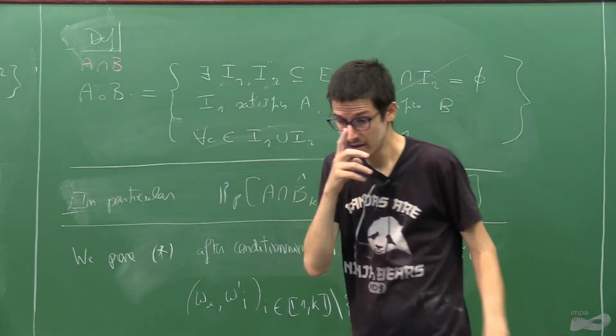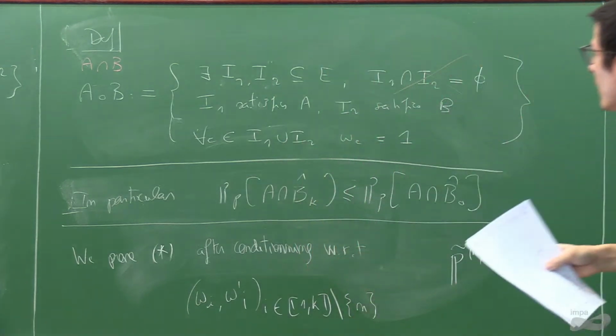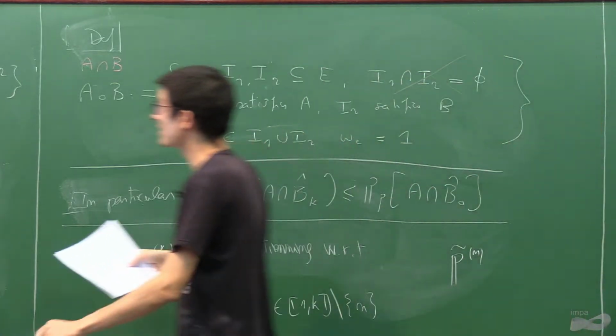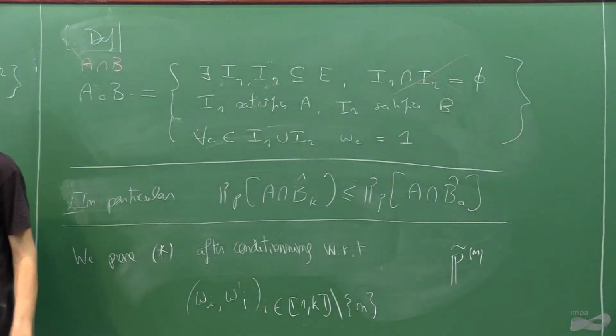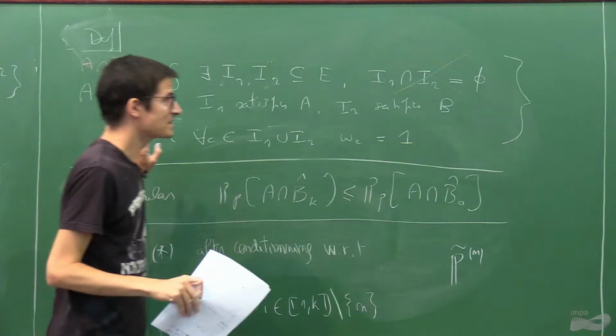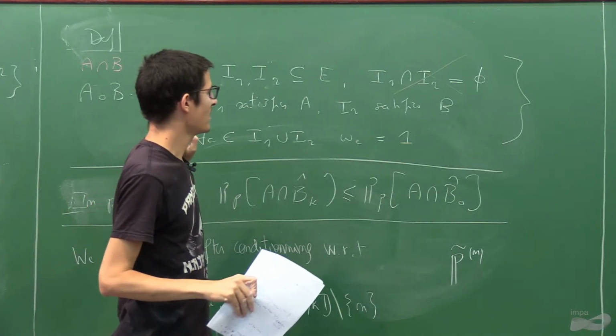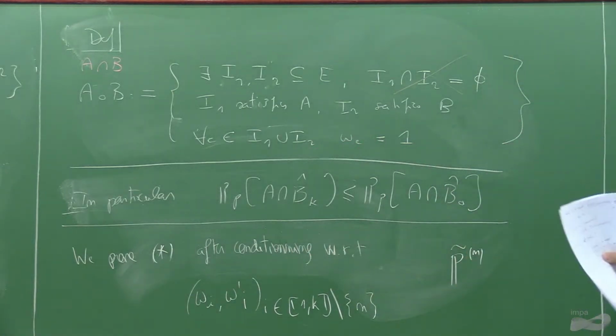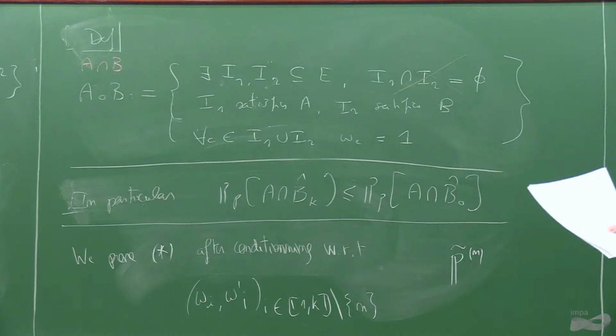Okay? So, because this is equal to P, what this implies is that n has to be either in I1 or I2. Okay, it has to be in the union.